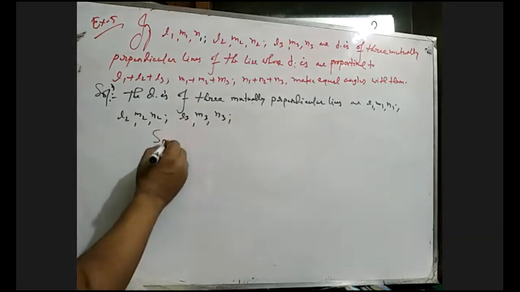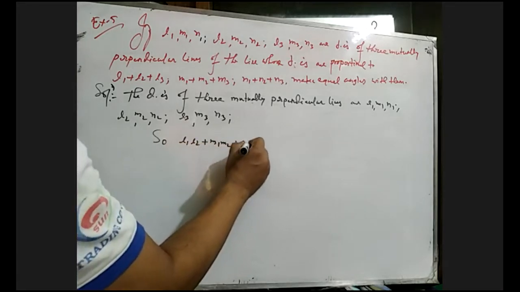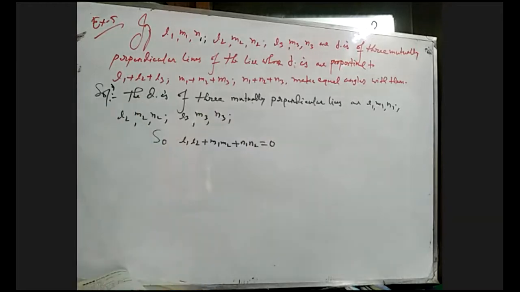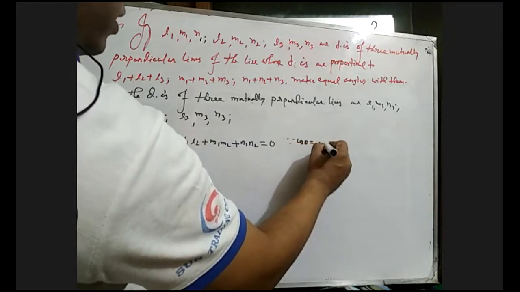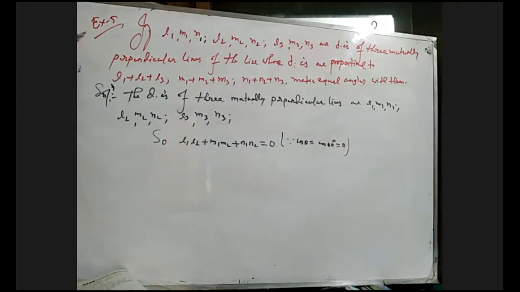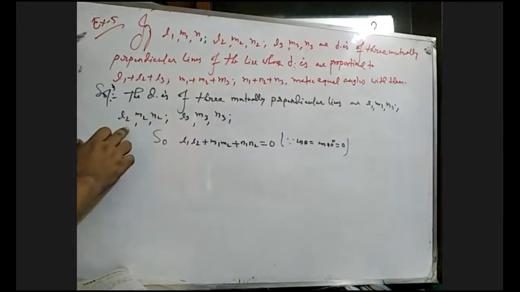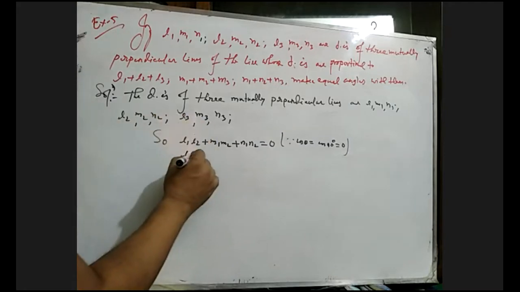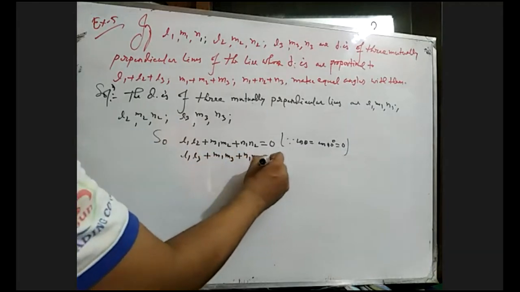So we can write L1 L2 plus M1 M2 plus N1 N2. What will be? 0, since cos theta equals cos 90 degrees for perpendicular lines. This is why 0. Now next, L1 L3 plus M1 M3 plus N1 N3 is also 0.